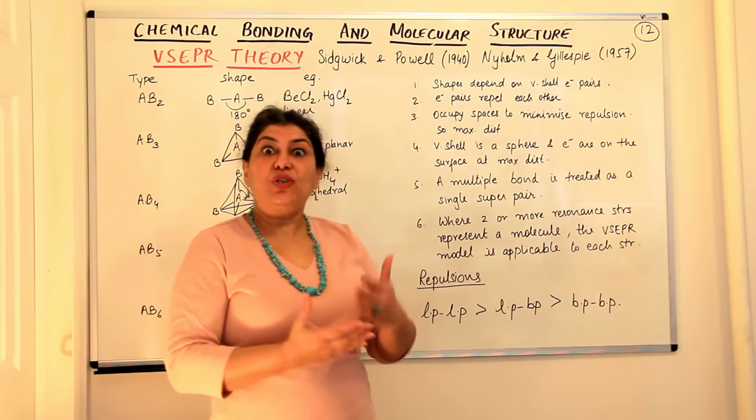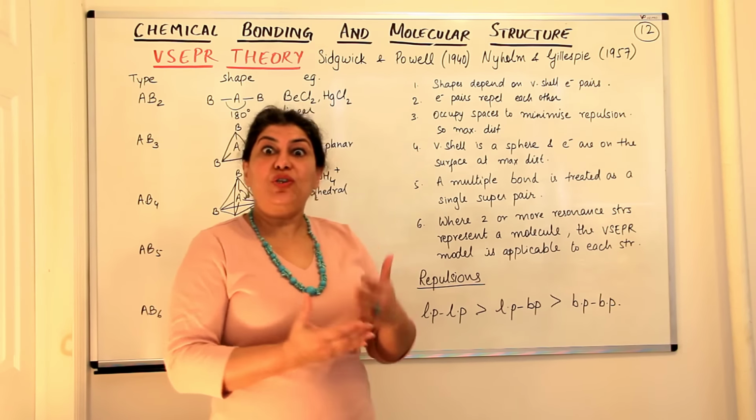If you don't like a person, or there's a certain food that you really can't stand, what would you do? The moment someone brings it under your nose and says, just try the aroma of this, would you like to take the aroma of that food, or would you just step back and move away from it? So repulsion causes them to keep as much distance as they can from each other. So that is the driving force.